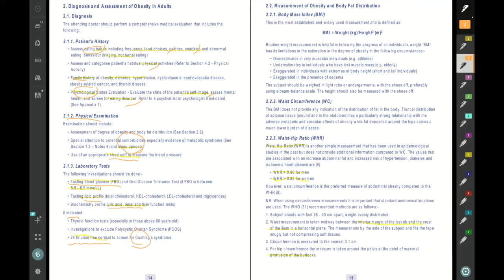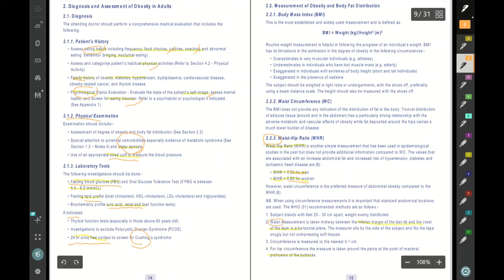Okay, let's look at 2.2.3 about waist hip ratio. Keep in mind the waist hip ratio for men is 0.9 and for women is 0.85. So how are we going to measure the waist?